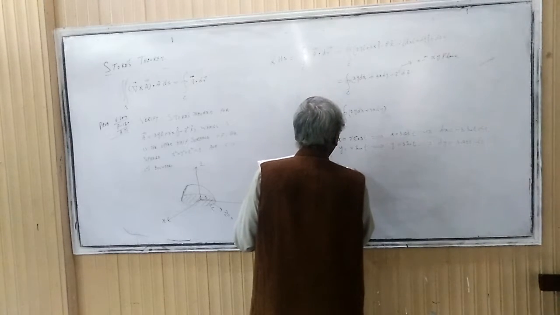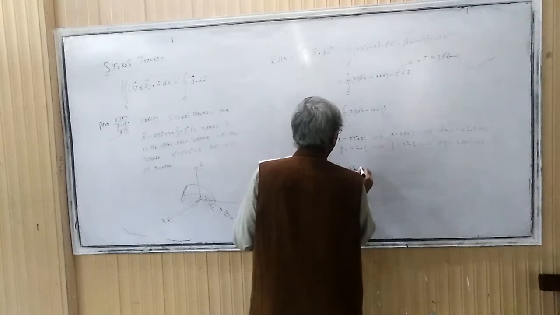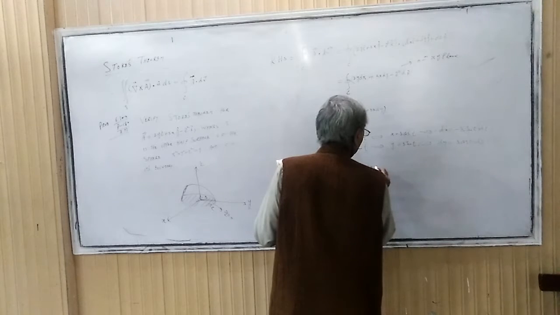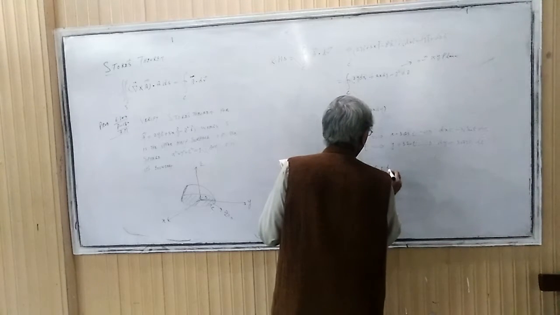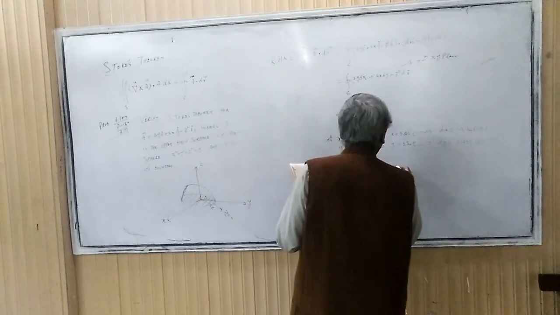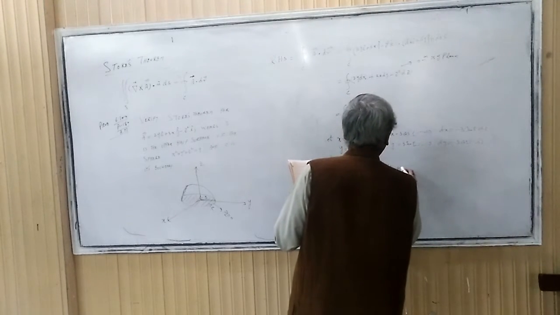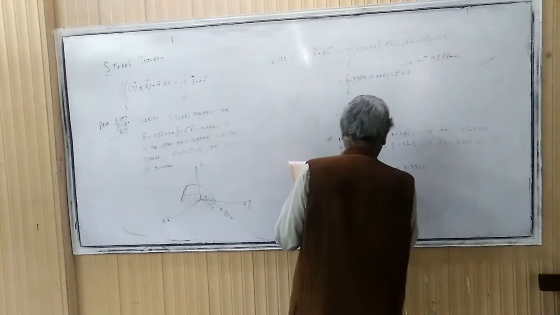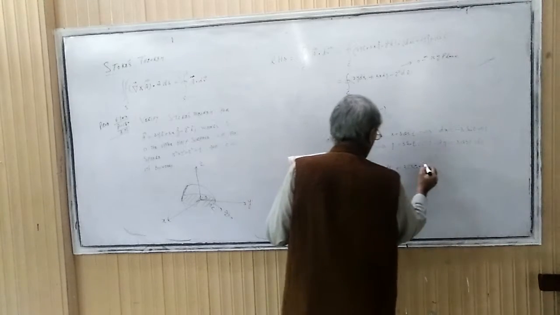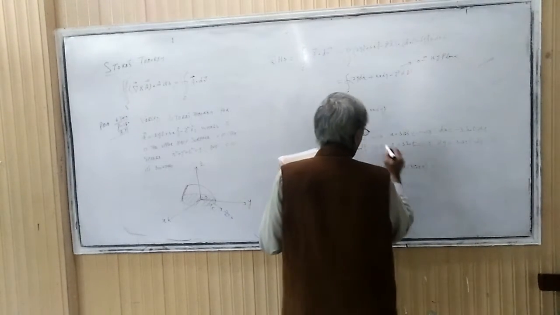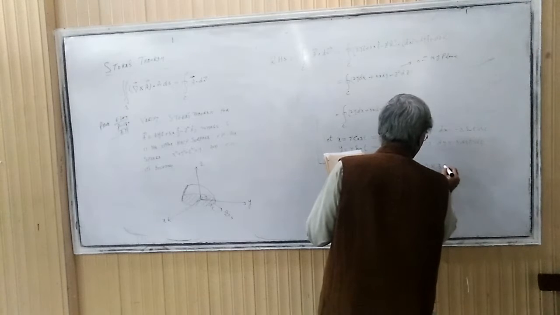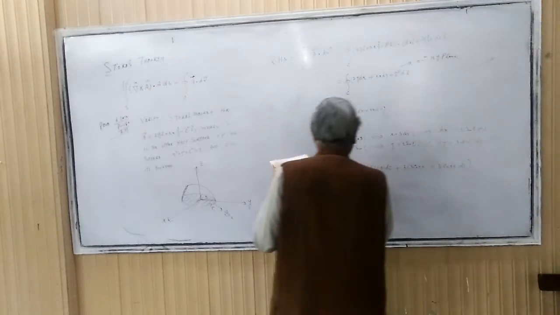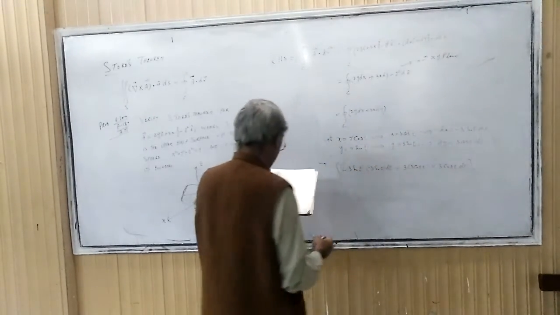So 2 into 3 sine t into dx, which is minus 3 sine t dt, plus 3 cosine t into dy, which is 3 cosine t dt.